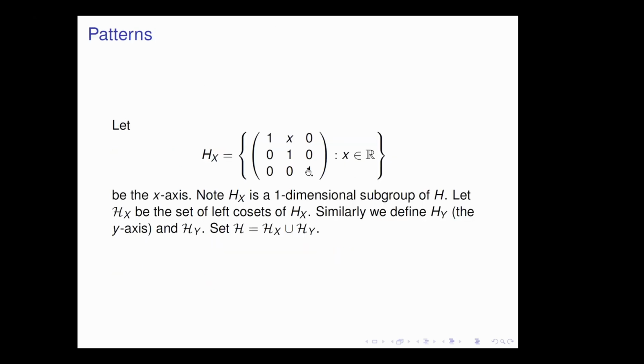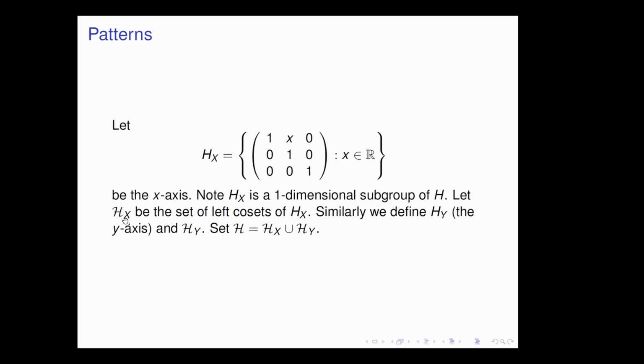Okay, so we are interested in pattern preserving quasi-isometries of the Heisenberg group. So what are the patterns? This HX consists of matrices where the y and z coordinates are 0. So this is just the x-axis. It's a one-dimensional subgroup of the Heisenberg group, and we consider all their left cosets.